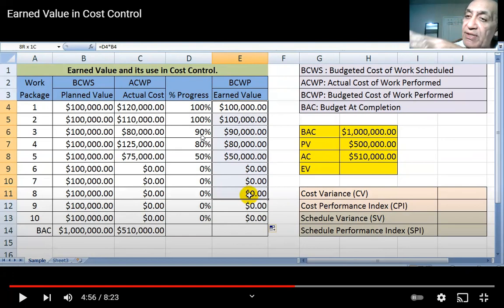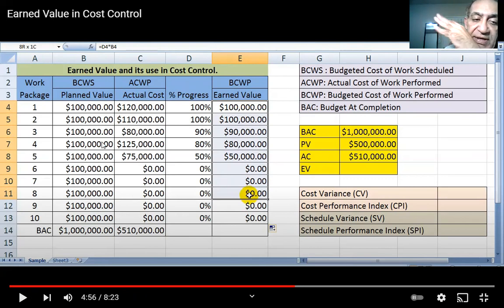90% means only 90% of phase 3, or stage 3, or month 3 had been done. So when we multiply, 90% times 100,000 will give me 90,000. For phase 4, 80% times 100,000 will give me $80,000. The work is worth $80,000.